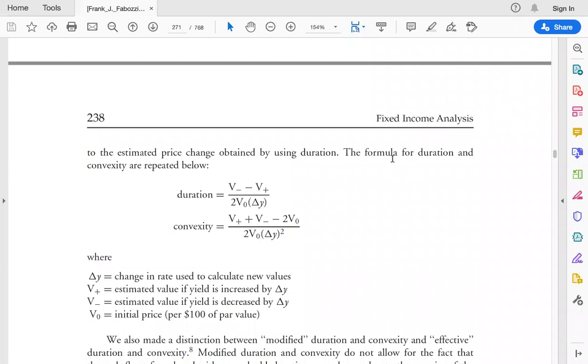Okay, so after obtaining those positive and negative values, we will put those values here and obtain the duration measure and convexity measure, which then can be used to estimate the change in price as a result of change in interest rate for option embedded callable bonds. Thank you.